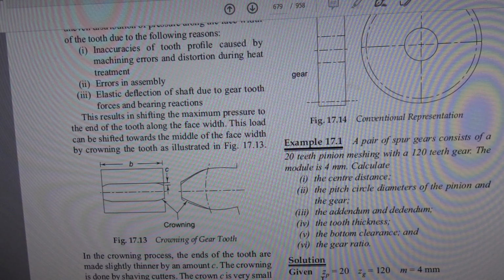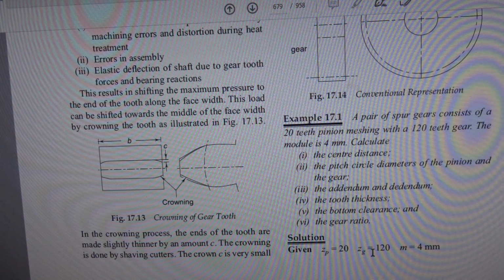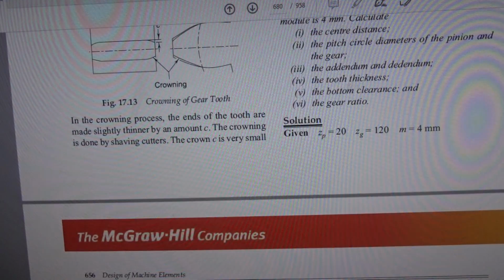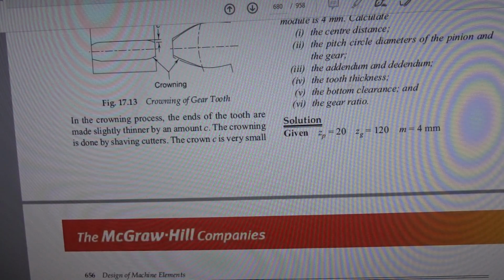So ZP, the teeth on the pinion, is 20, ZG, the teeth on the gear, is 120, module is equal to 4, and the center distance A is equal to (dp plus dg) by 2, where dp is m zp and dg is m zg.